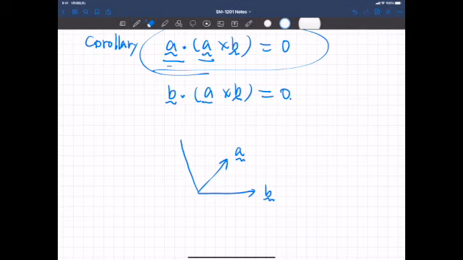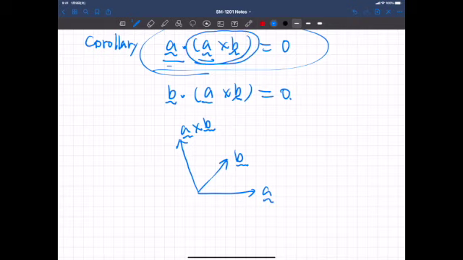But that vector is perpendicular to A, and it is also perpendicular to B. So these are right angles.